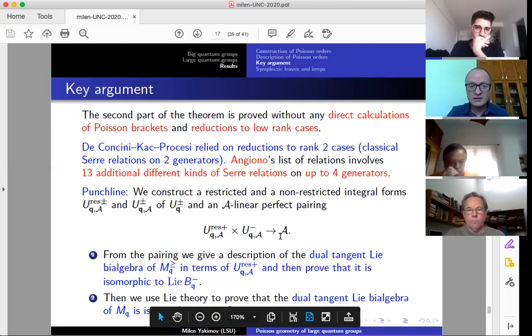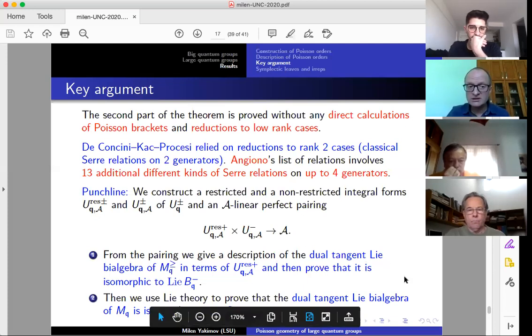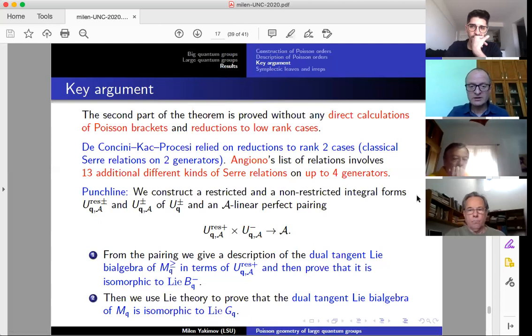integral form and the perfect pairing, we're able to prove that the cotangent Lie bialgebra of MQ, let me just move the cursor up, just waiting for this black thing to disappear, exactly. So then, on the bottom of the slide, we're able to prove that this cotangent Lie bialgebra of MQ is precisely isomorphic to the Lie algebra of this adjoint group GQ.